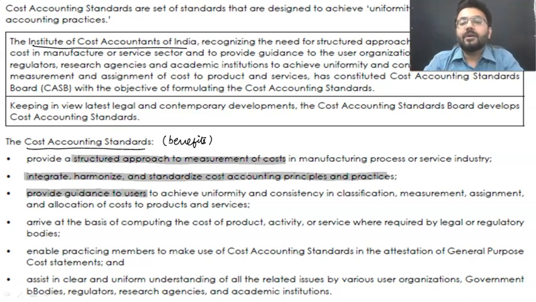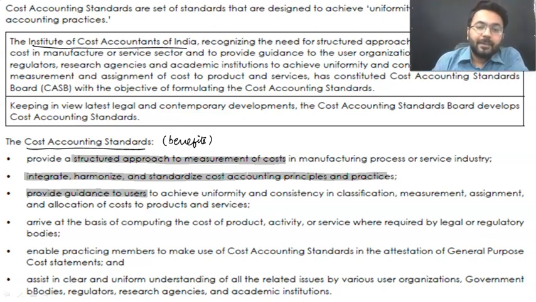In cost accounting standard number 1, we will talk about the nature of expense, the nature of traceability, and the nature of functionability. So these are the things. There are a lot of classifications on the basis of which this can be done.